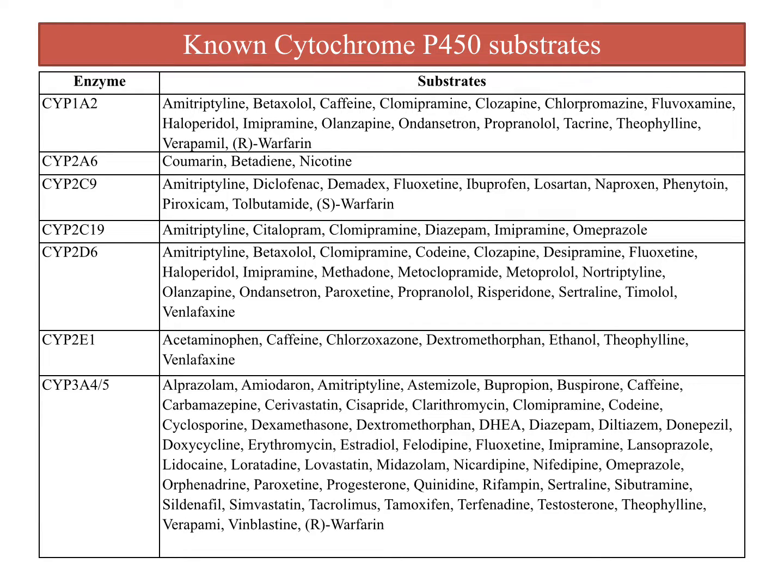As you can see here, there are several metabolic enzymes, and a lot of drugs are substrates of these enzymes. So, when these drugs are given simultaneously, they will be competing for that particular enzyme, and that may lead to metabolic interaction, or pharmacokinetic interaction.